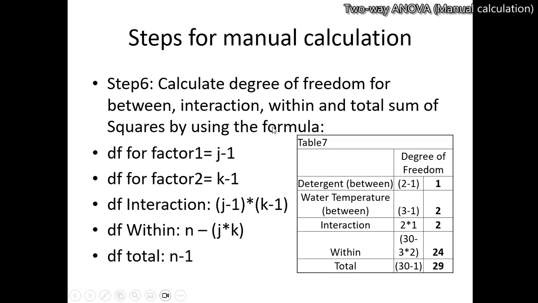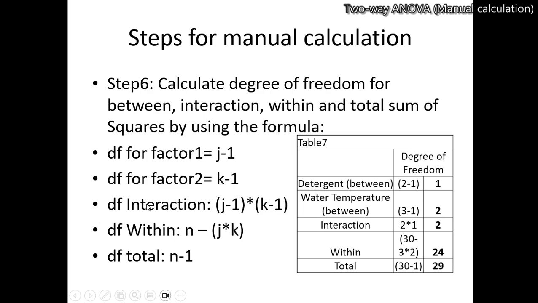Then we calculate the degrees of freedom for between, interaction, within and total sum of squares by using the formula. Here the degree of freedom for factor 1 is equal to the total number of categories minus 1.